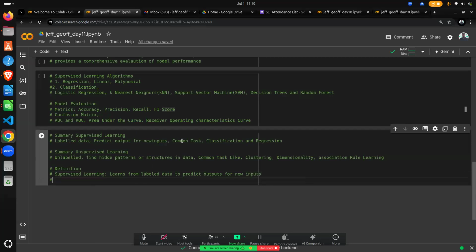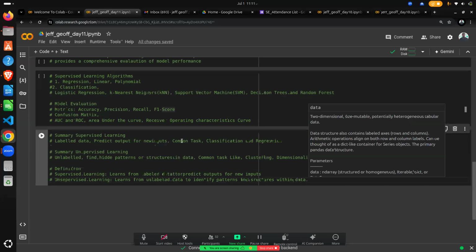Then for unsupervised learning, it learns from unlabeled data to identify patterns and structures within data.